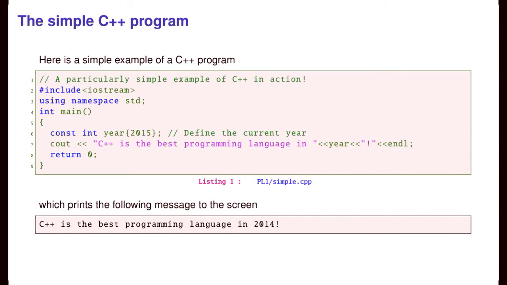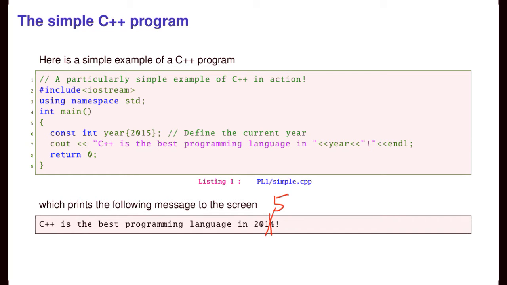So let's start by looking at a simple program, and it's a really simple program. It's a program that prints some output on the screen, namely C++ is the best programming language in 2015. Oops, made a mistake, I didn't change the calculation over there.